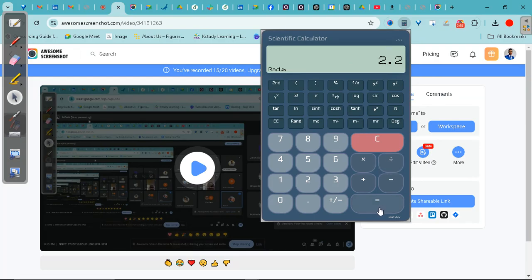What's going on? That's 1.57, right? Why is it bringing a different result? This is correct, right? This is correct. Okay.